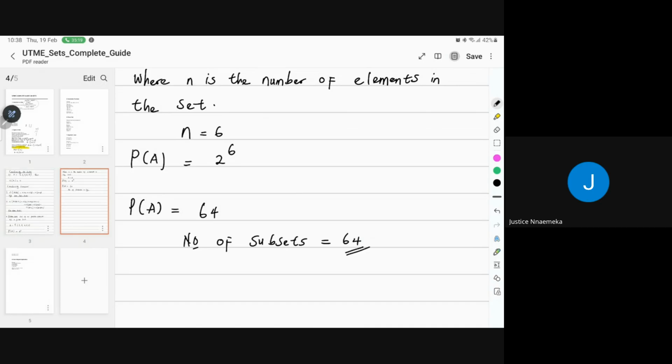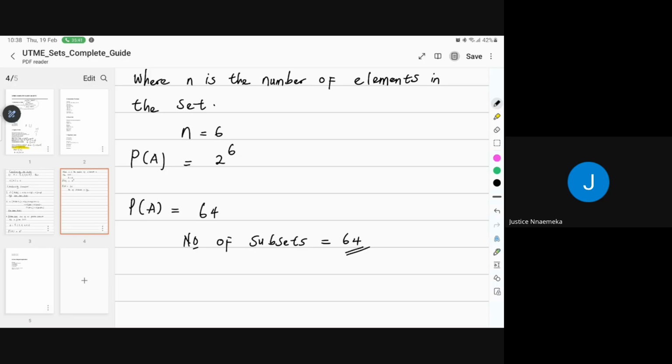We can have 64 subsets coming out from that very set. So that's how we get the number of subsets. Power set is the same thing as number of subsets, so we call it P(A). So once you have that, you can easily navigate to get the power of the set.